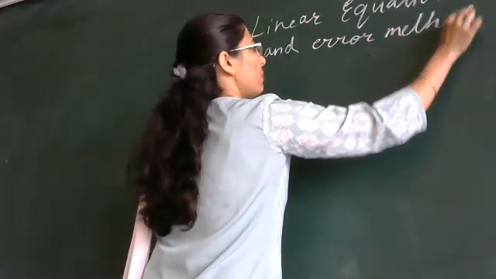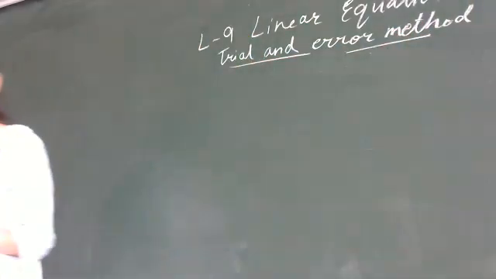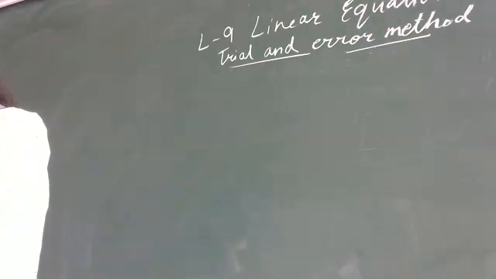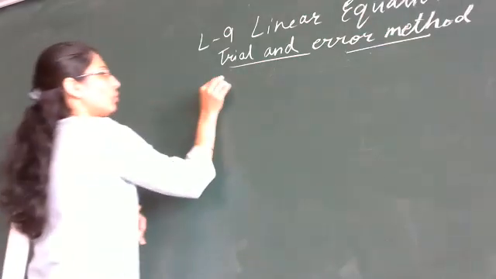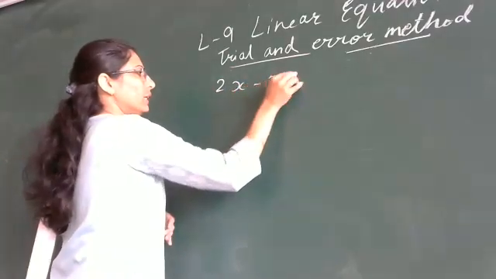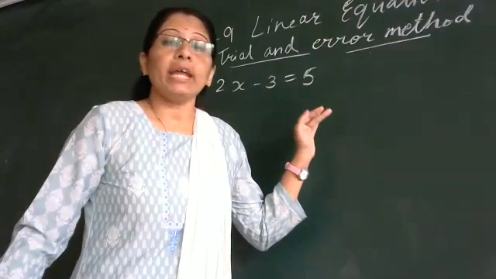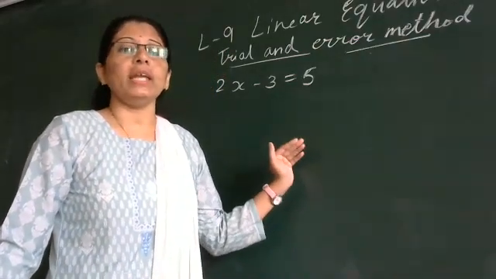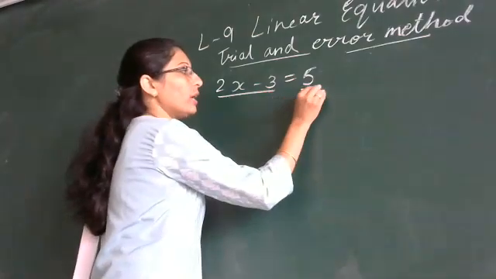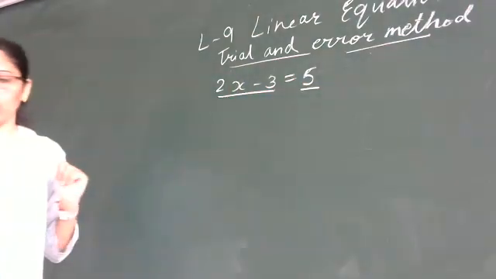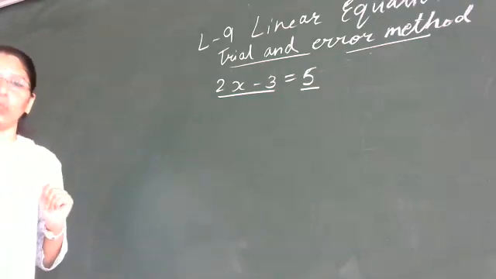Understand both these methods properly. Okay. So let us take the example 2x minus 3 is equal to 5. When we are solving any equation, the LHS should be equal to RHS. Okay. LHS and RHS should be equal.